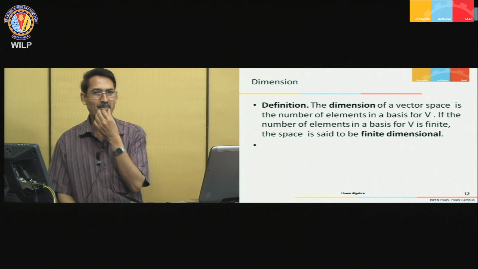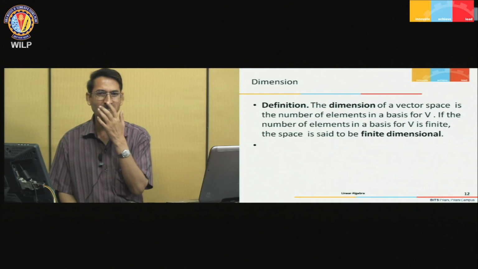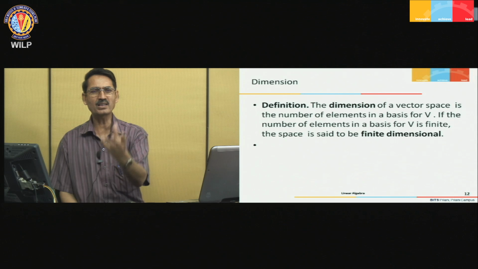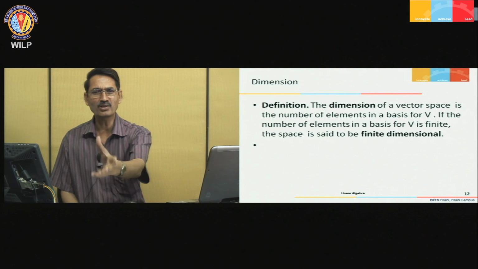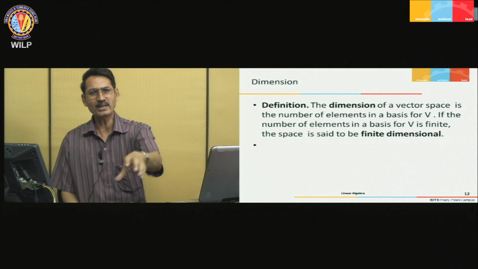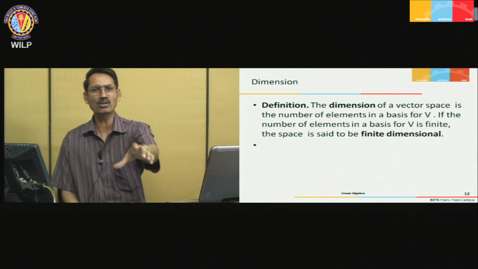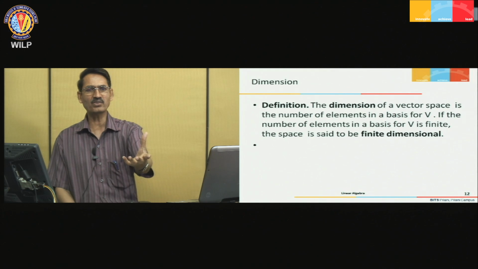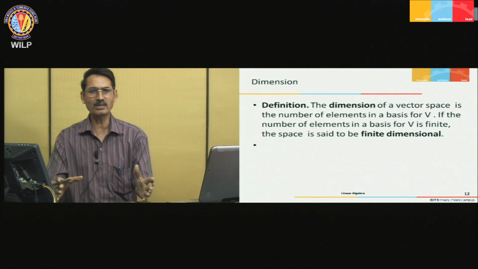Then what is the meaning of dimension now? The moment we know the meaning of basis, the dimension of a vector space means the number of elements in the basis. The number of elements in the basis of a vector space is called the dimension of the vector space.